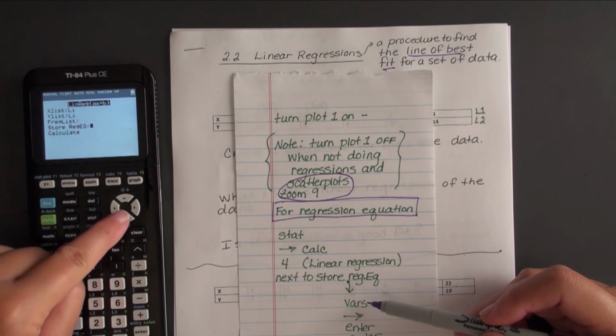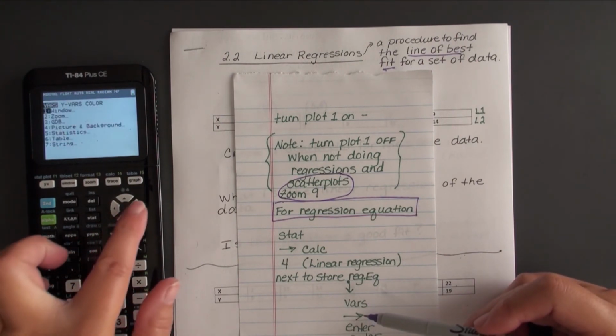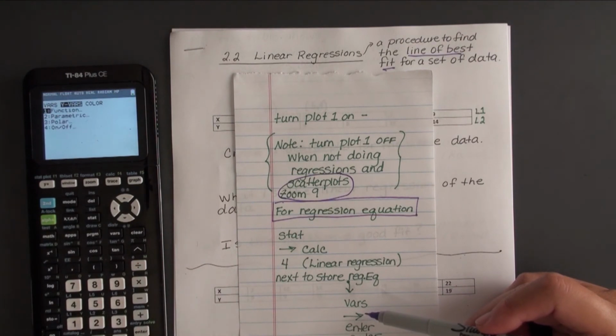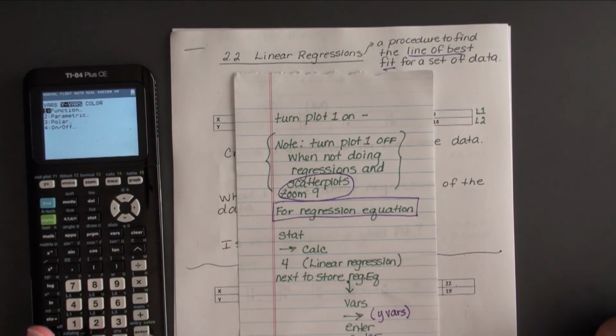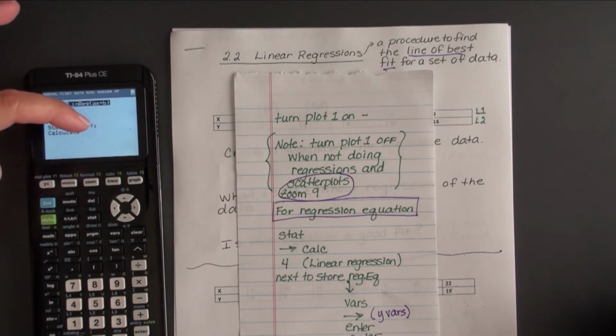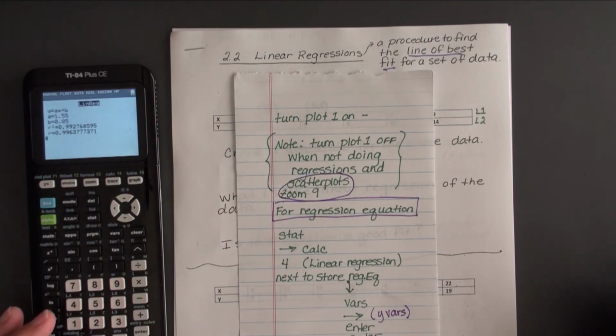Vars is right below the down arrow. Vars, then do your right arrow so that the Y vars is highlighted, and then press enter, enter. And that tells me that my equation Y1 is going to have the equation of the line. Now go down to calculate and press enter.